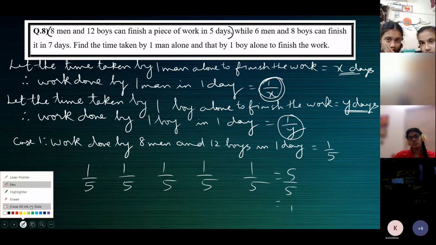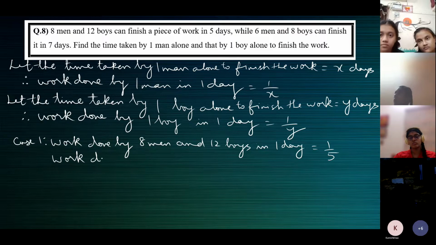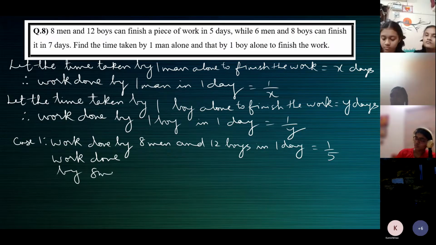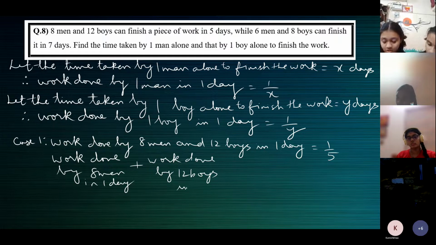That's what I've written here. Work done by 8 men and 12 boys in 1 day is 1 by 5, because they finished the work in 5 days. So work done by 8 men in 1 day plus work done by 12 boys in 1 day is equal to 1 by 5.